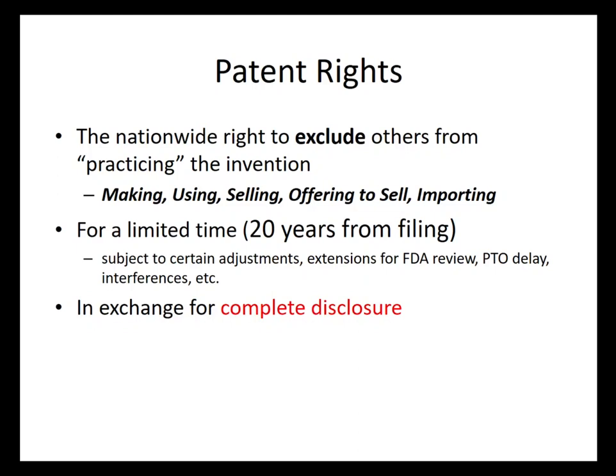We're not going to go into the background of why we have patent law this way, but basically it's designed to help promote innovation and also protect people so that they can share knowledge, but also benefit from the work that they've done. But again, I want you to get back to the right to exclude others. It's not the right to make, use, sell, offer, or import. It's the right to exclude others from doing that.